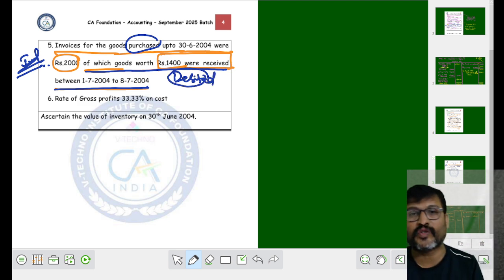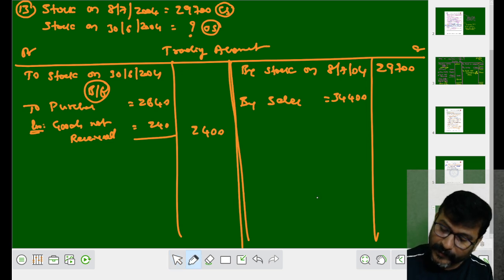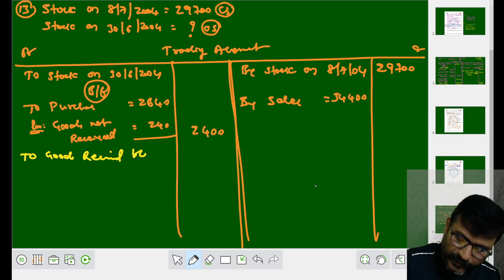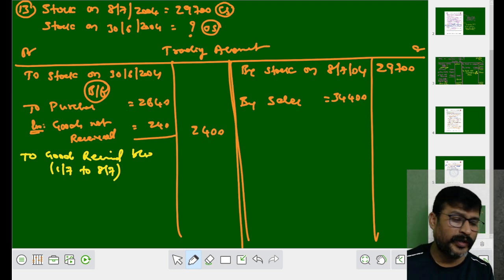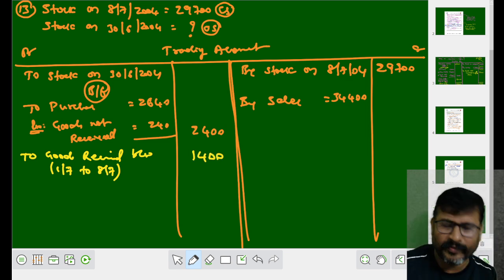So let us write: to goods received between 1st July to 8th July. How much goods you received between those dates? You have received goods of 1,400.